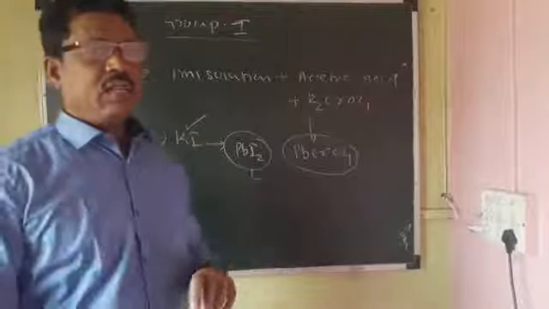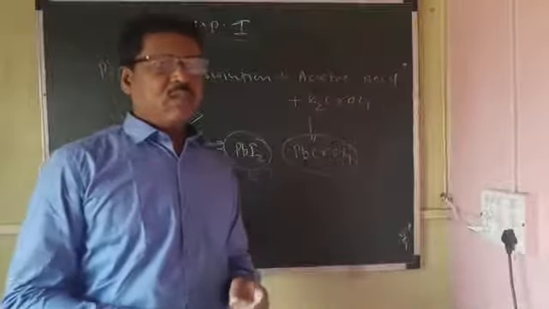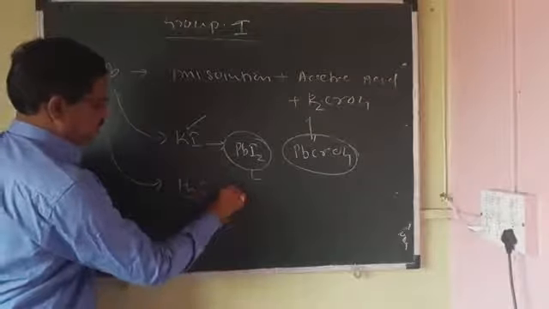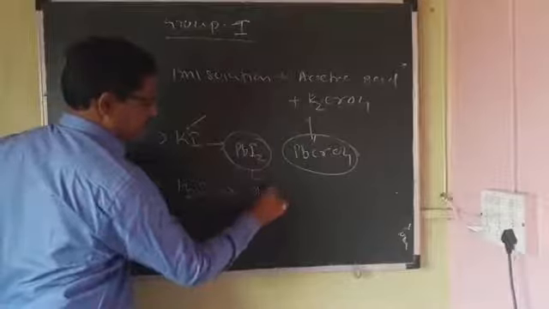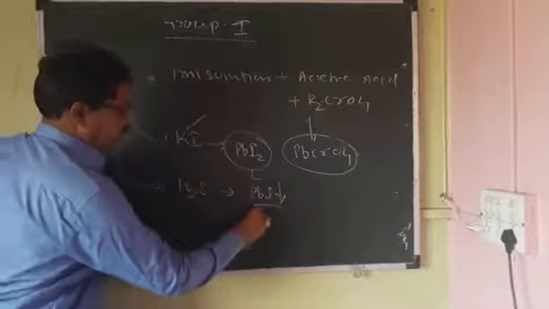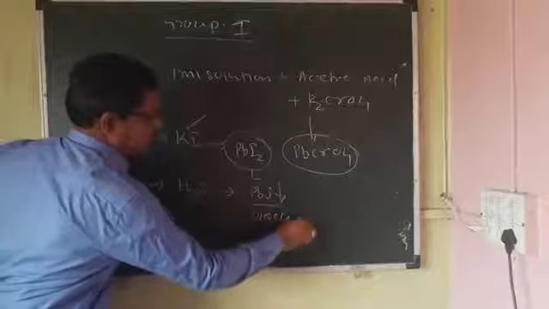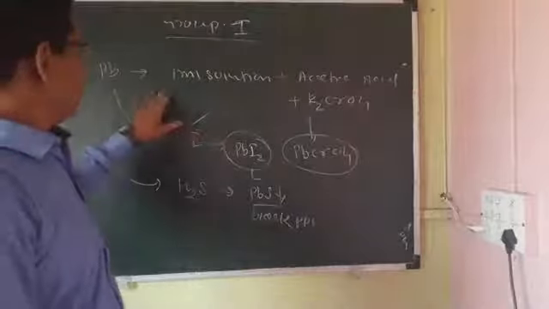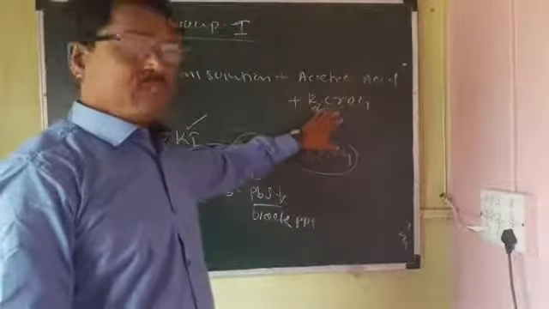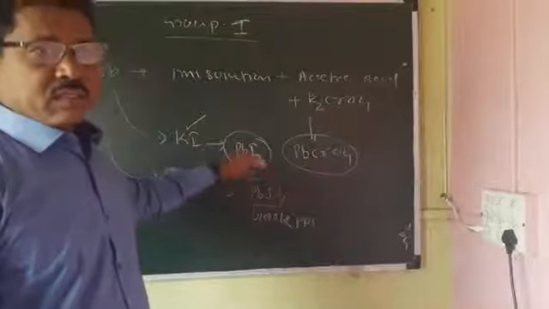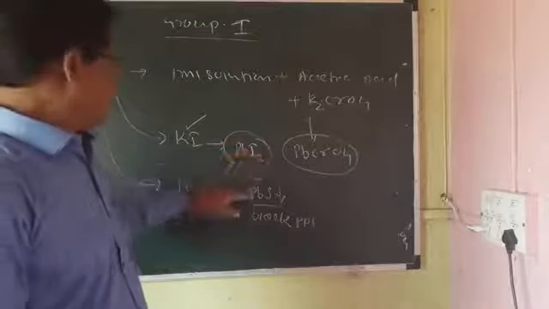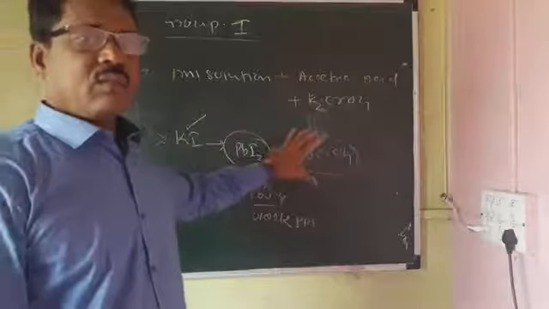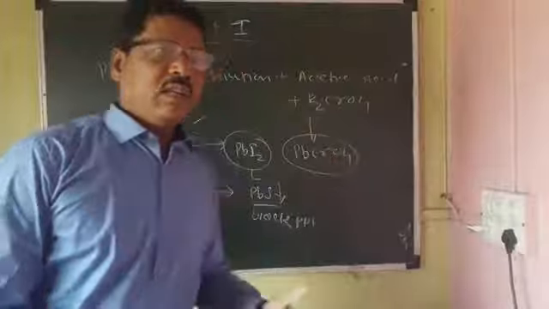The third test uses H2S to form PbS, the black precipitate. These are the three methods for the identification of lead: potassium chromate and KI as precipitating reagents, and H2S.